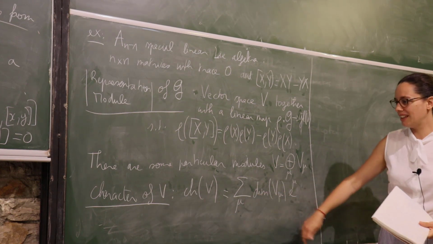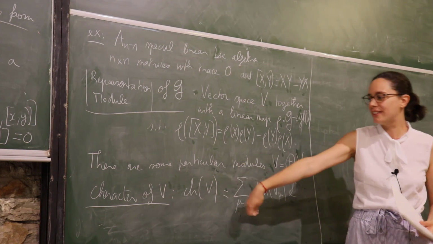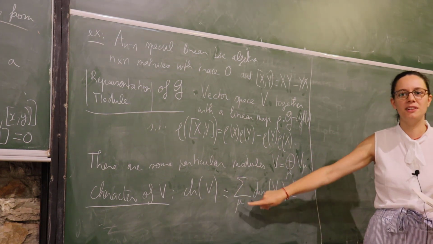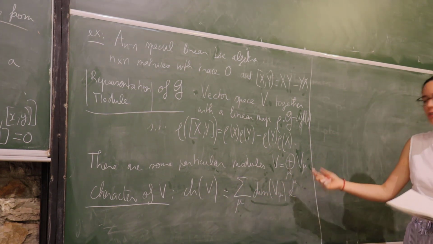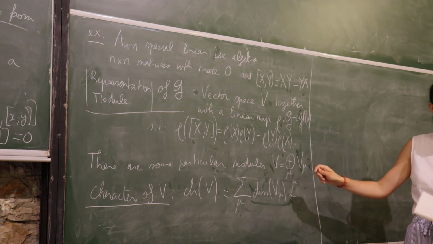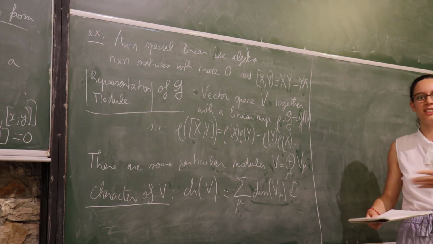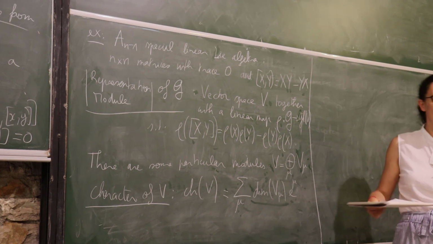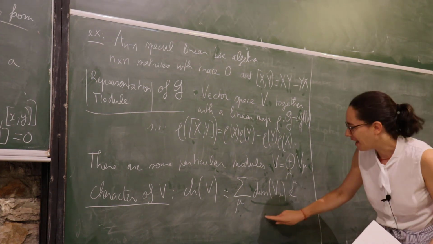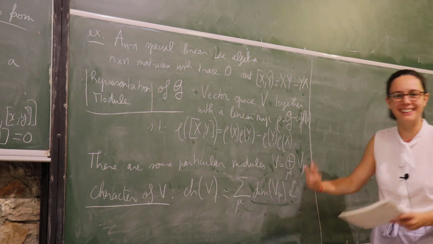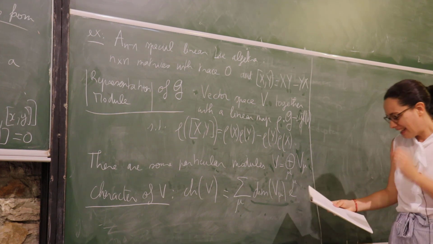Okay, so the representation theorists like to study the character because knowing all those dimensions gives them a lot of information on their modules V. So it's a bit like when in combinatorics we study a generating function to study a combinatorial object. More or less. I don't know if they would fully agree with me, but at least that's how I see it personally.